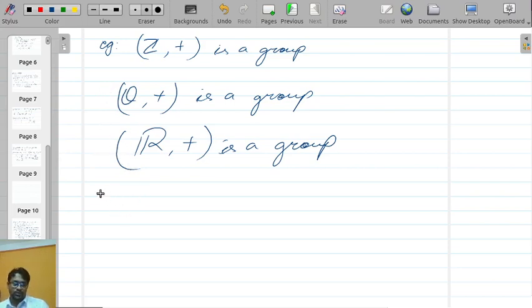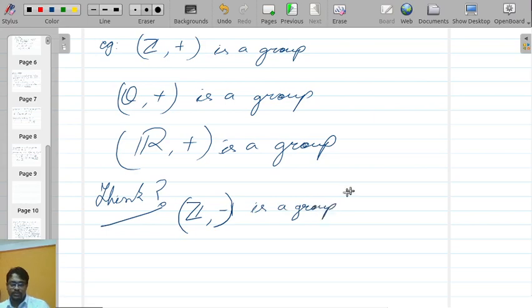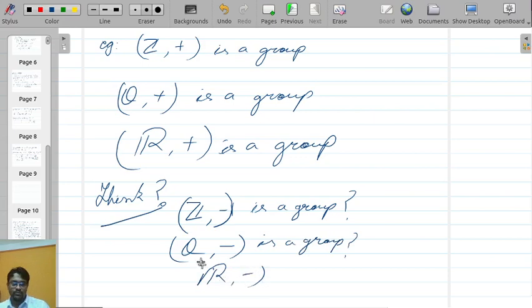I'll give you some problems to think about: whether Z with respect to minus, that is subtraction, is a group or not. Whether Z is a group with respect to subtraction, whether Q is a group with respect to subtraction, whether R is a group with respect to subtraction.